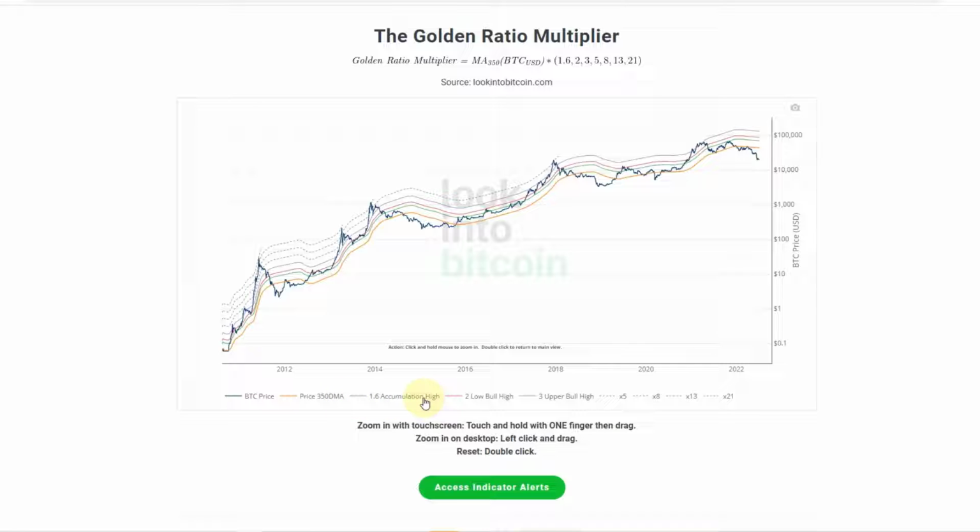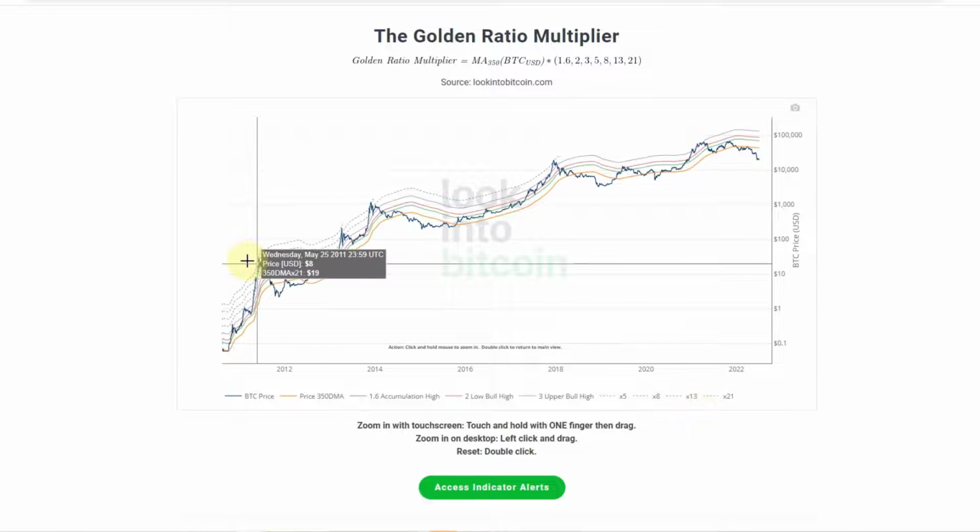What they are, we might want to touch on in another video, but you have various Fibonacci extensions here: the 2 low bull high, the 3 upper bull high, times 5, times 8, times 13, times 21. What is important to understand is that in each of the Bitcoin peak cycles, we reached basically a lower Fibonacci extension.